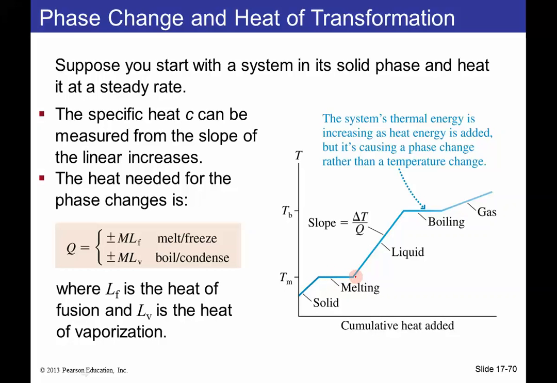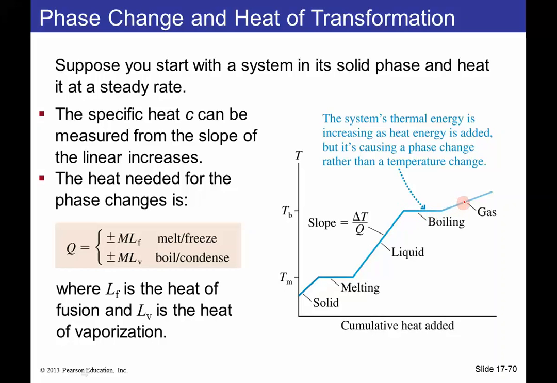Then after I've broken all the bonds here, I can start increasing the temperature. The temperature is going to increase until I get to the next phase change, which is boiling. At that point, I'm going to be adding heat, but the temperature is going to remain constant.